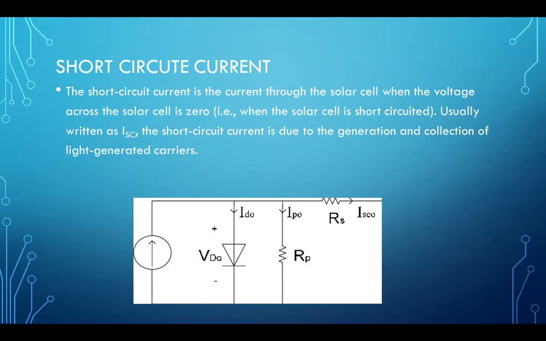This is the highest current that I can get out of my solar cell, and of course it depends on the collection of the light generated carriers. The short circuit and the open circuit are both very important characteristics of your solar cell.